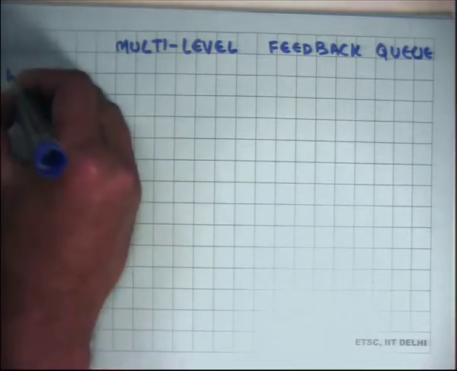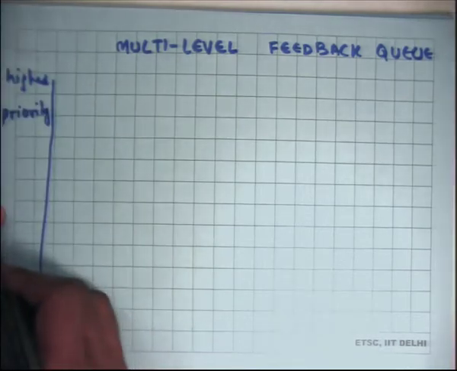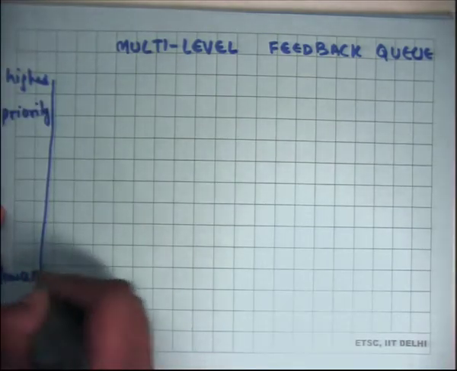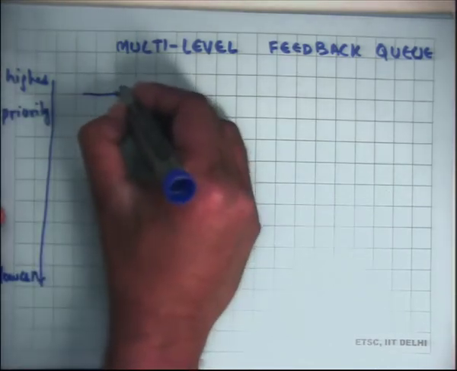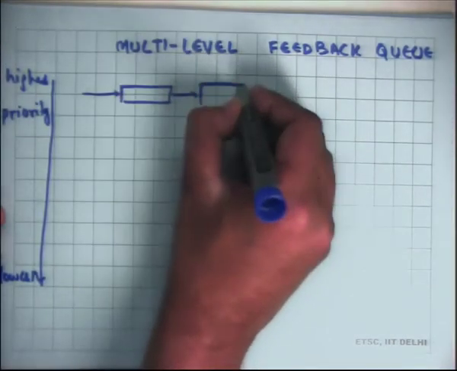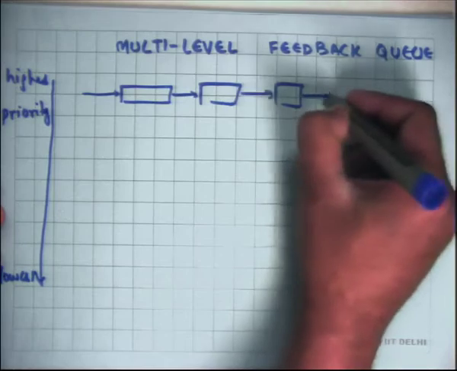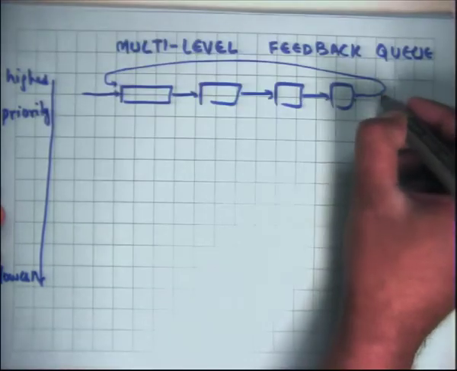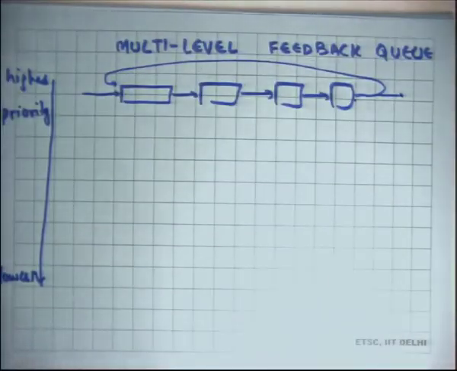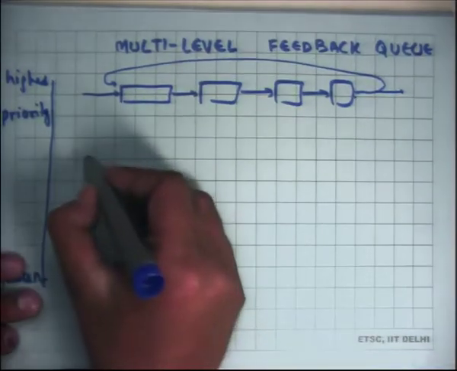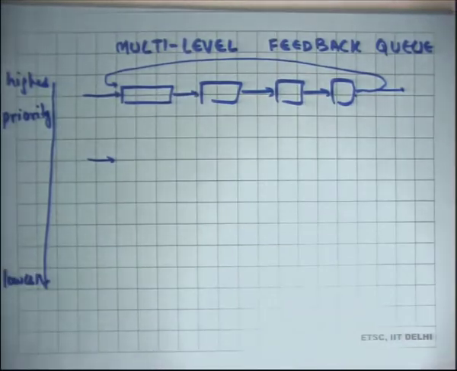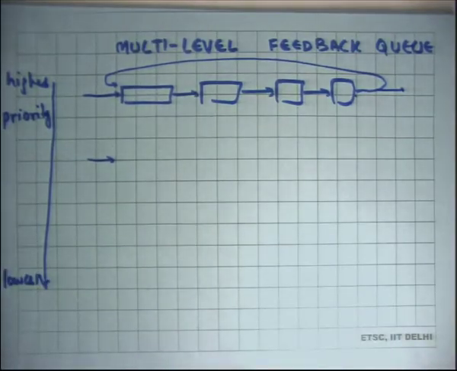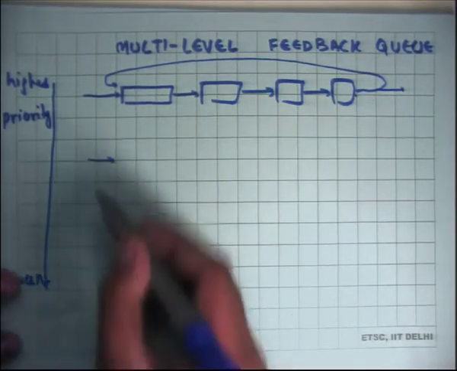So this is highest priority, and let's say this is lowest priority, and within each priority level you maintain the jobs in a round robin queue, and so on. So these are lower priority threads.